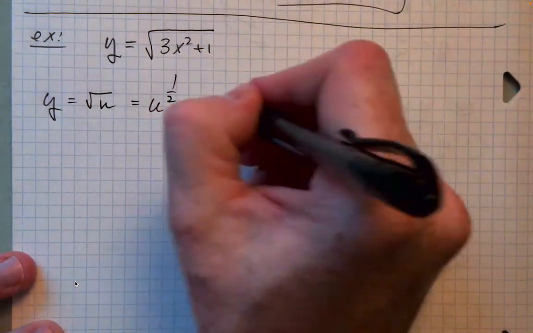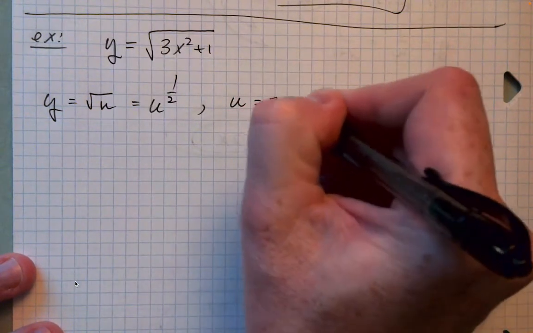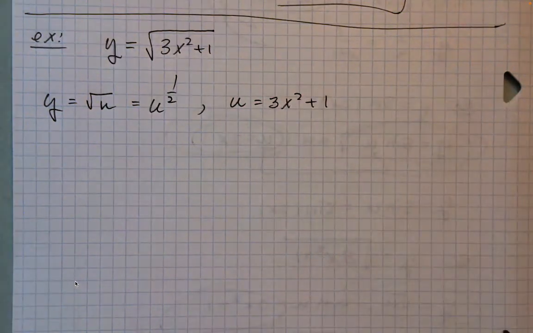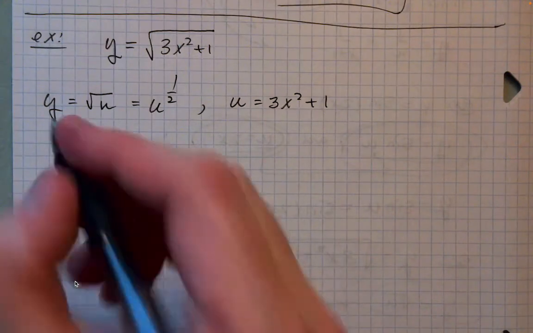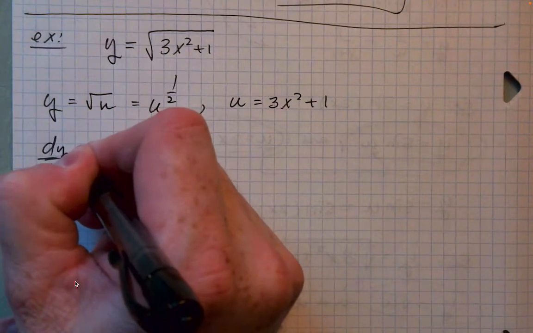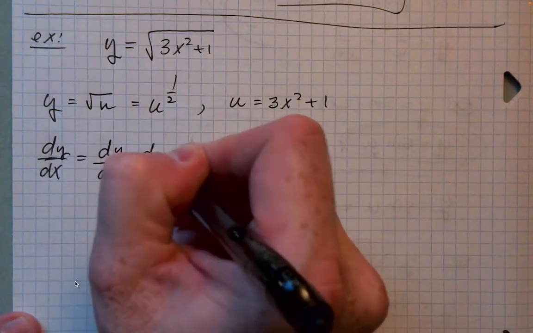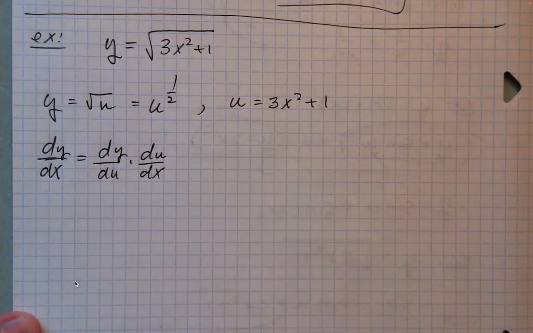And then our inner function is, of course, the 3x squared plus 1. Okay. So then dy/dx, we know that that's equal to dy/du times du/dx.